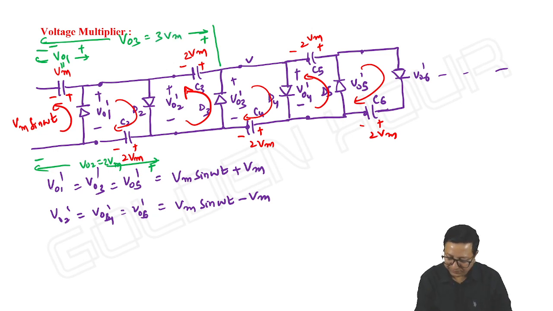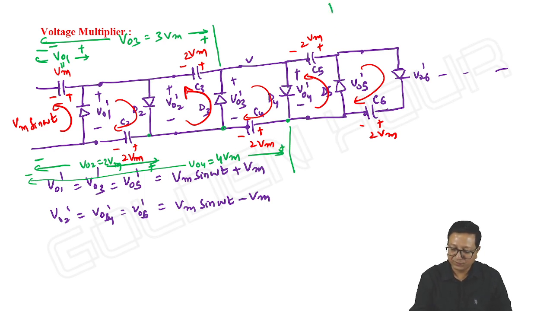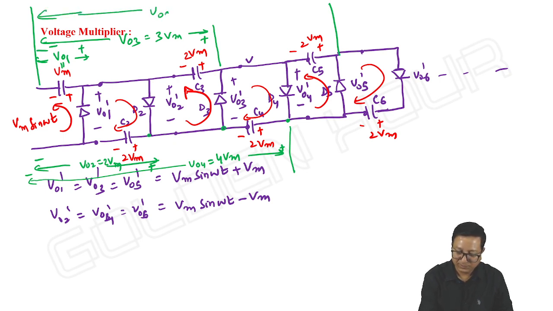Next, coming down, VO4. Here it is 2Vm, right to left, again right to left, it is 2Vm. It is 4Vm. Go upwards. VO5.